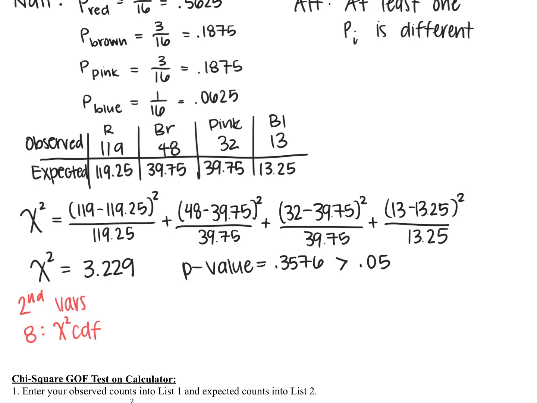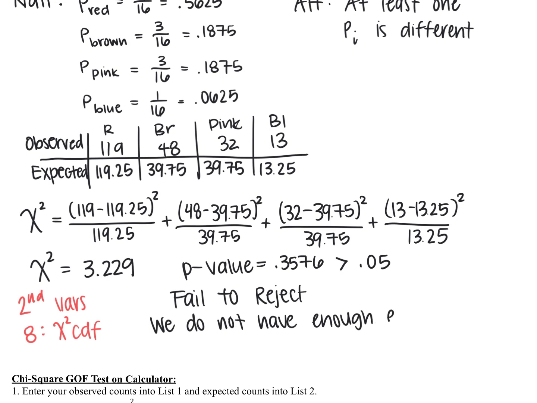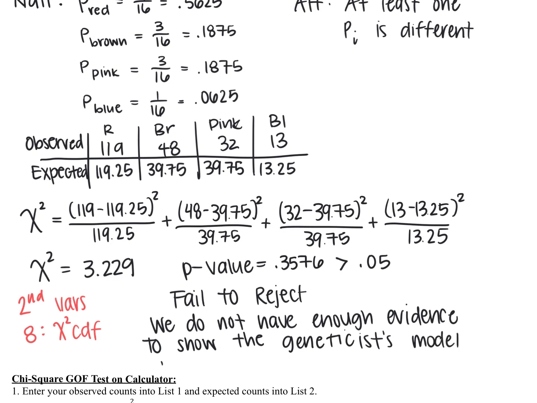So in this case, we are going to fail to reject our null hypothesis, which means we do not have enough evidence to show the geneticist model is incorrect.